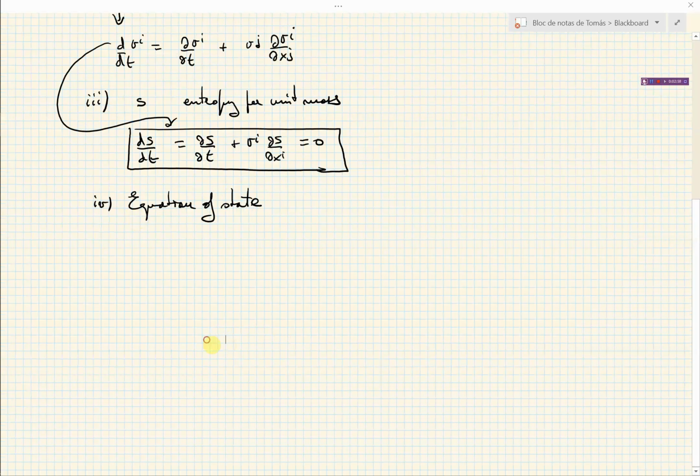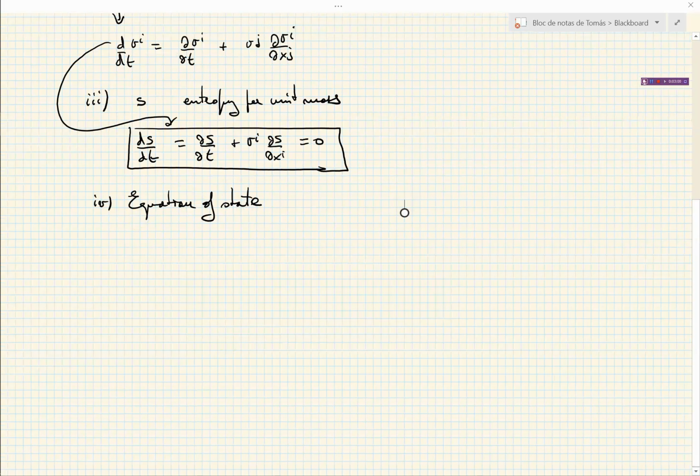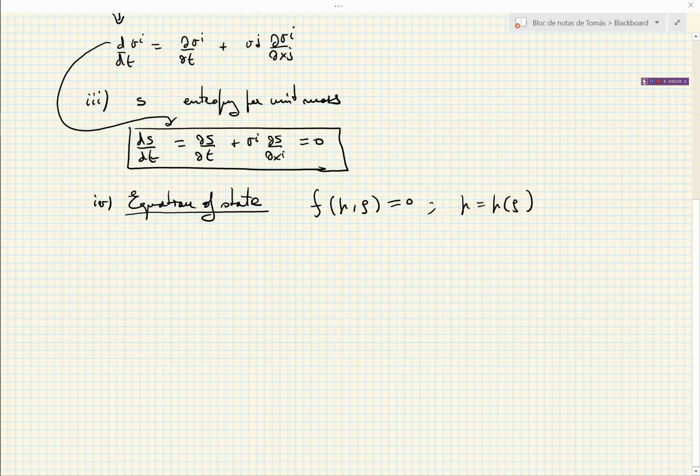This is a property of each particular fluid, and it is a function that relates pressure and density, in this form. Or you can also express it as pressure P as a function of rho.